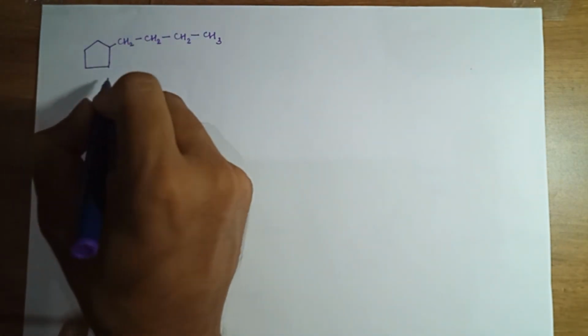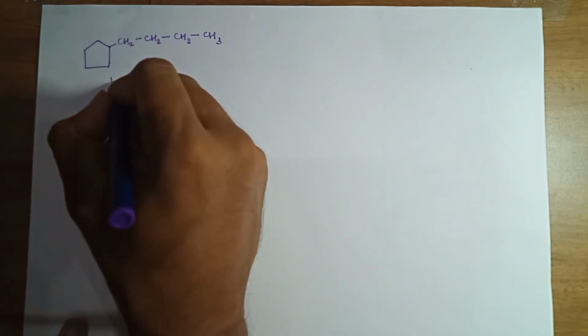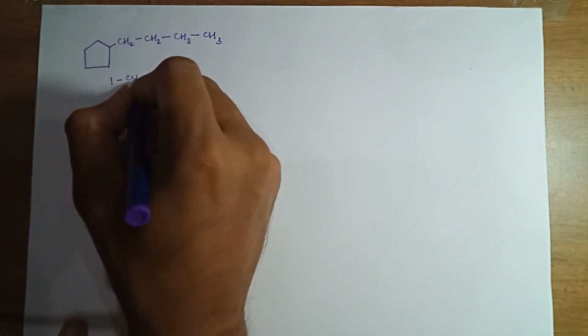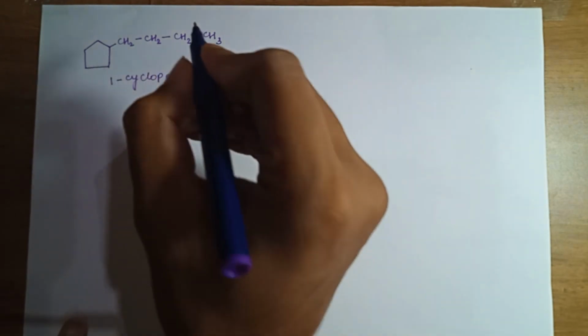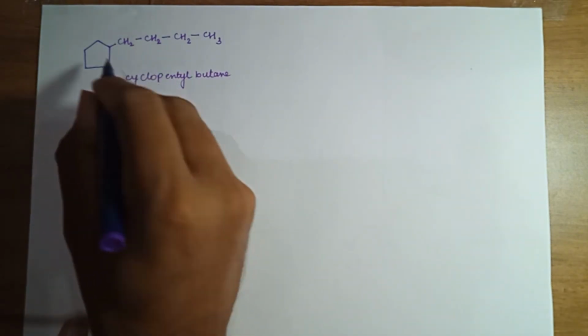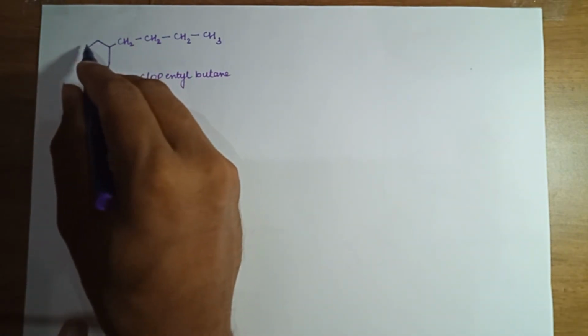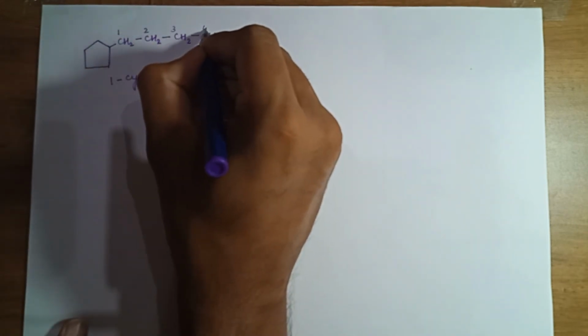So the name will be 1-cyclopentylbutane. Why 1-cyclopentyl? Means we have considered this in branching. Numbering is like 1, 2, 3, 4.